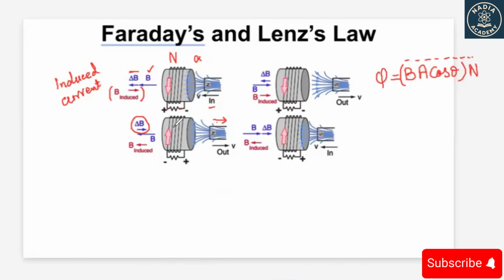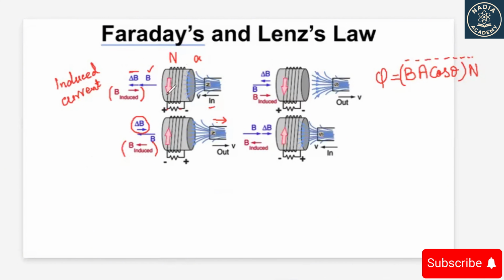In this case, the induced magnetic field is changing its direction. So it is the other way around, meaning that the flow of current has changed.